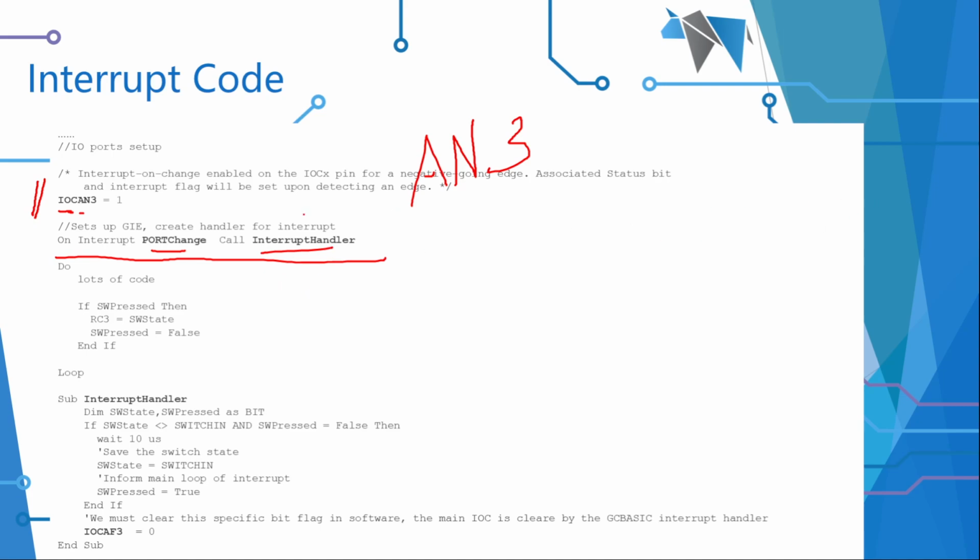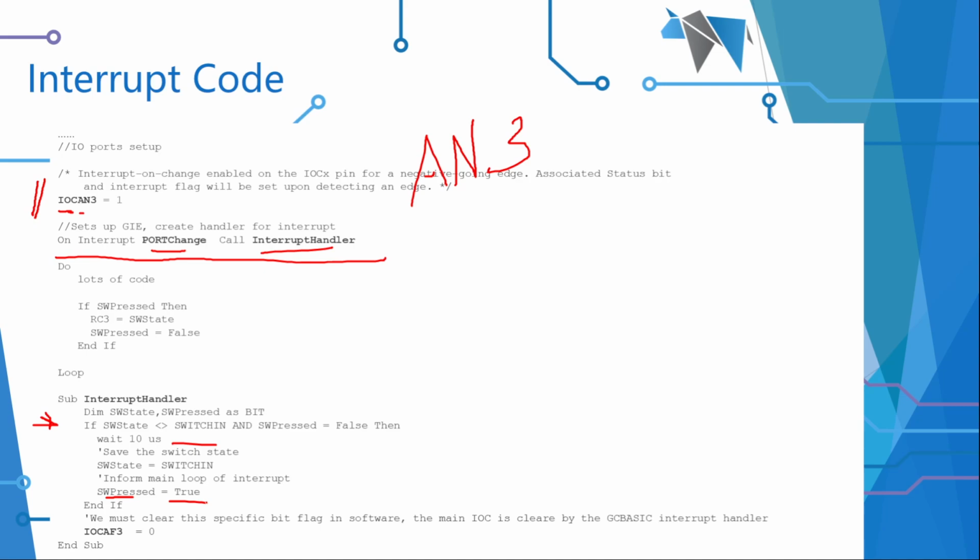And in our interrupt handler, I've got a little thing running, going, if the switch has been pushed, wait a few milliseconds and then inform the main loop that the switch has been pressed. In reality, that's all you need to do.